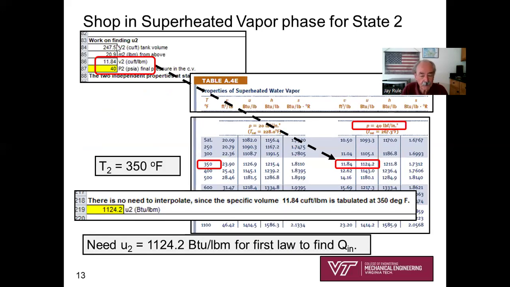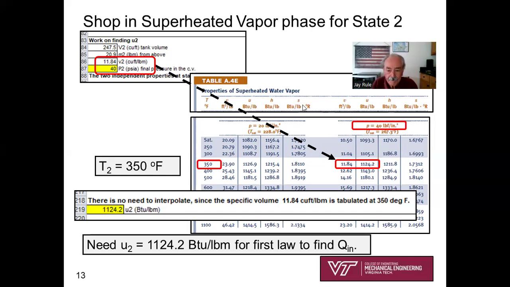Here's a repeat of what I just had on the previous slide. Here are my two independent properties. I have a pretty good feel that what's going to be left in the tank is going to be a superheated vapor. So I'm given P2, and I'm going to go to my superheated vapor table and look.